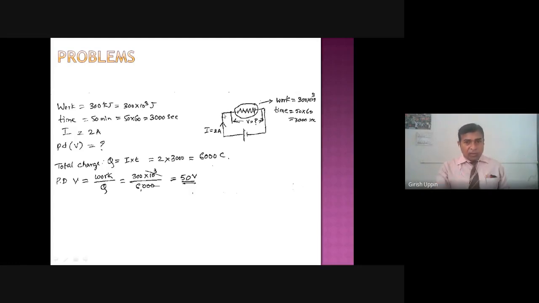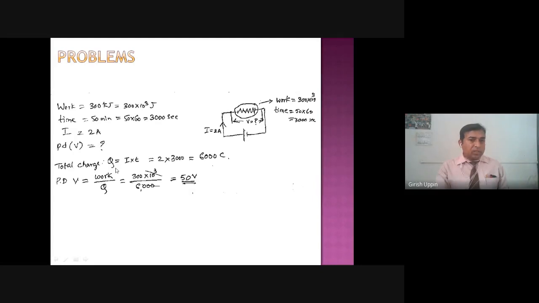So this resistance is connected to a voltage source. We have to find the voltage difference. Current is given, work done is given, 300 kilojoules, that is 300 into 10 raised to 3 joules, and time 50 minutes is given. We will convert it into seconds. 50 into 60, 3000. So work done is this much, time is 3000 seconds.